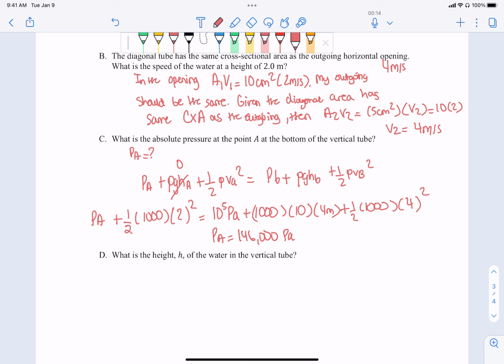146,000 pascals. Oh, I just noticed someone did get 140. Leslie, so for 140, did you round by any chance somewhere, or did you miss a number? Did you not add a term? Yeah, it definitely should be 146.